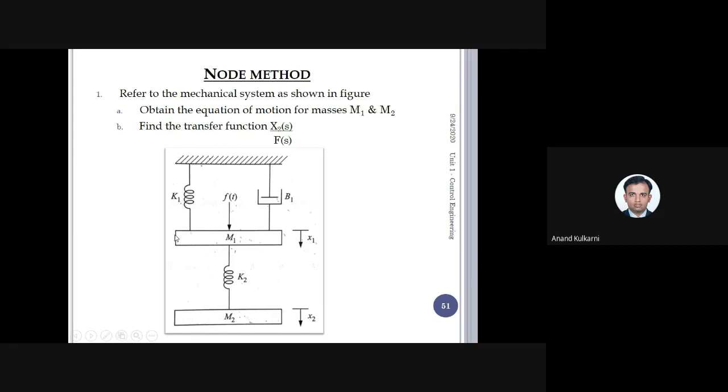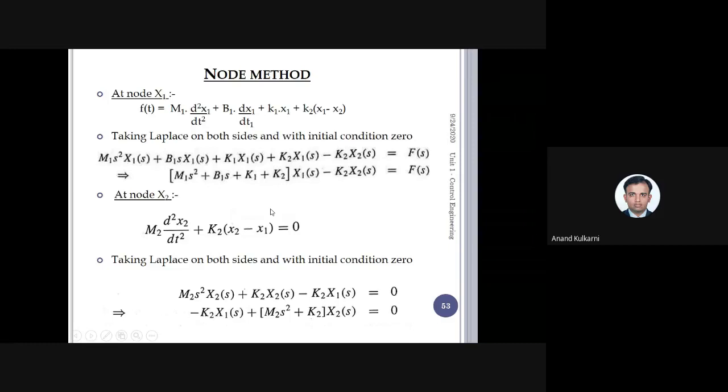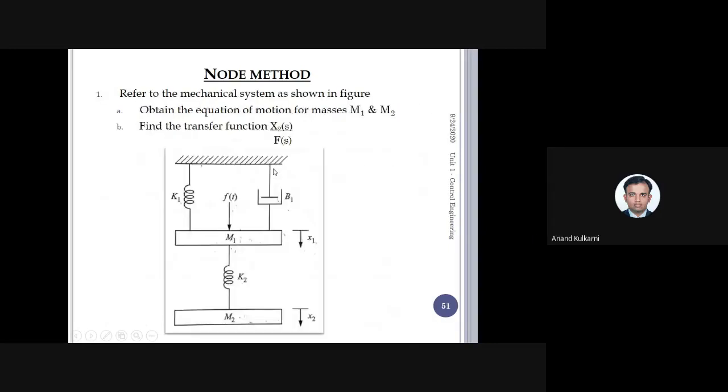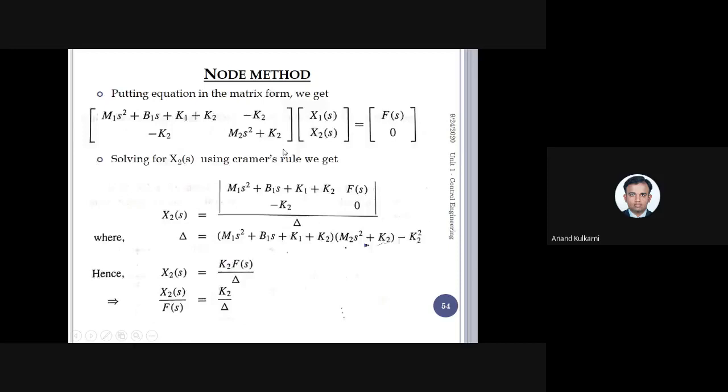What do we mean by node method? Here, the given problem is converted into another drawing, and with this drawing we write a mathematical equation. I'll tell you how to convert the given complex drawing into a node drawing, and with the help of the node drawing, how to write the equation.